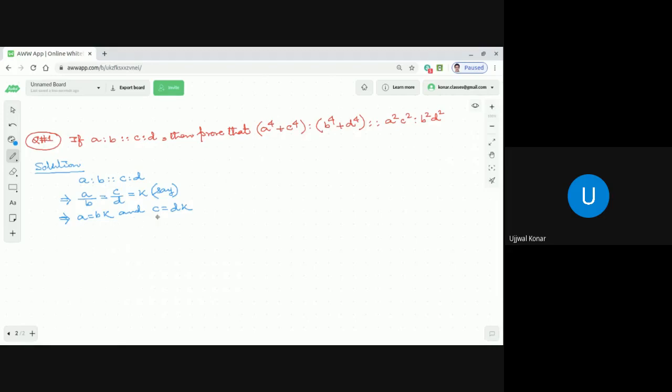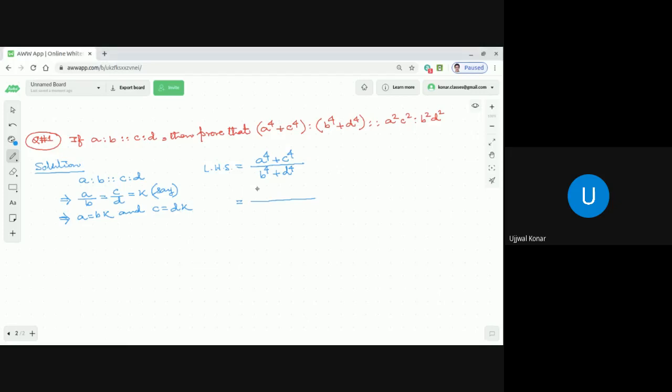Now let us find the left hand side. Left hand side is A to the power 4 plus C to the power 4 divided by B to the power 4 plus D to the power 4. So this is equal to, what is A?